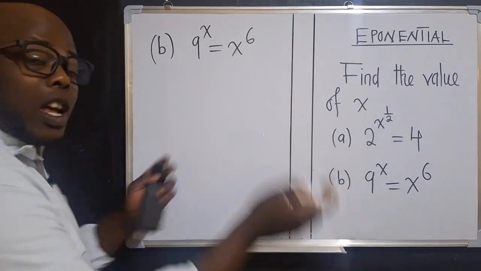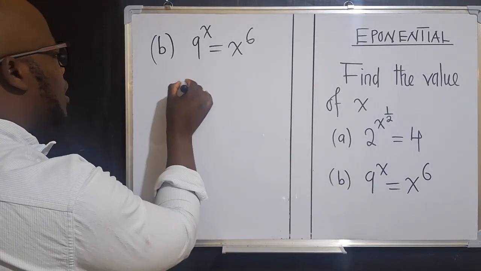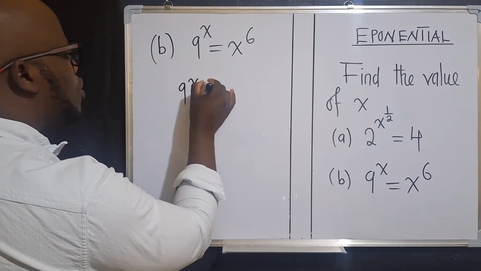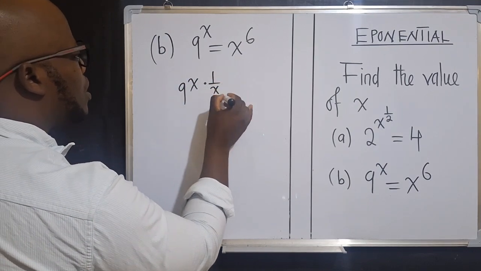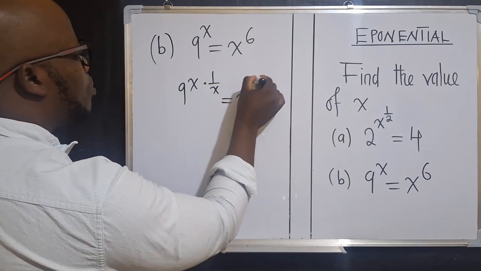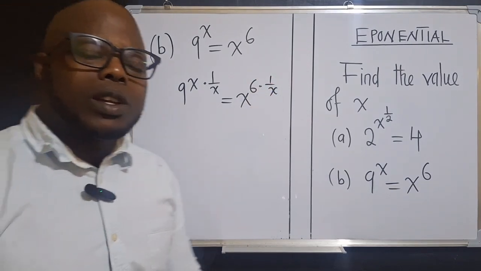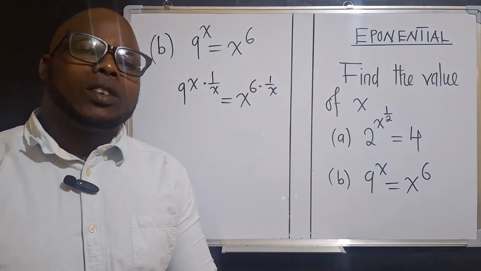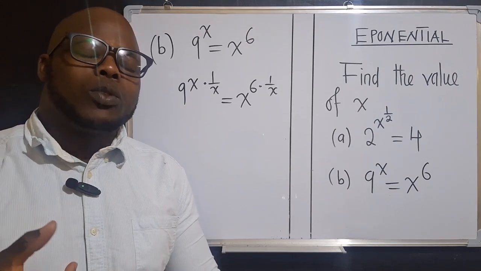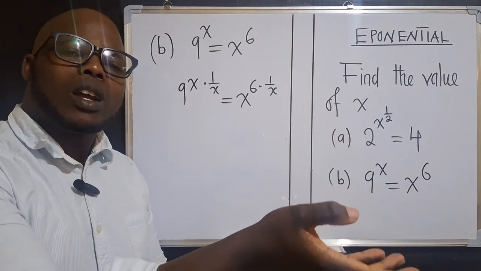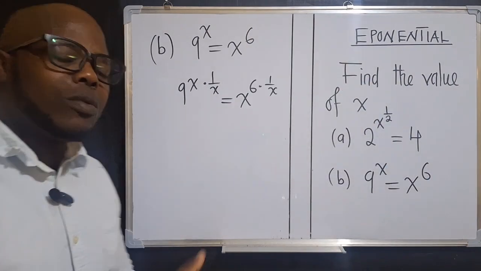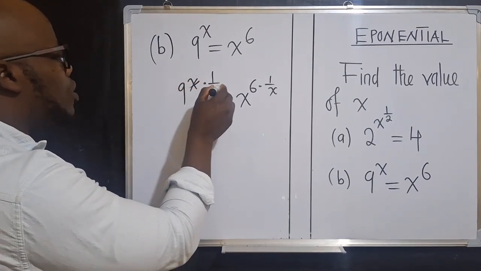So now let's do this. For us to write it in that form, we shall say 9 power x multiplied by 1 over x is equal to x power 6 multiplied by 1 over x. You see the way it is? I'm trying to write every term with x to one side of the equation and without x to the other side. So this and this will go.